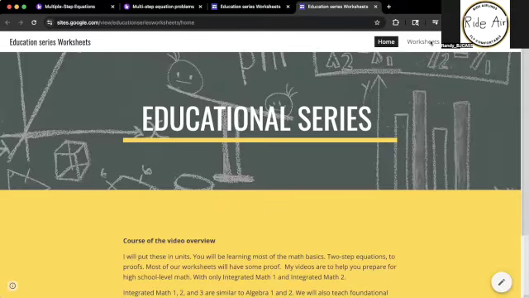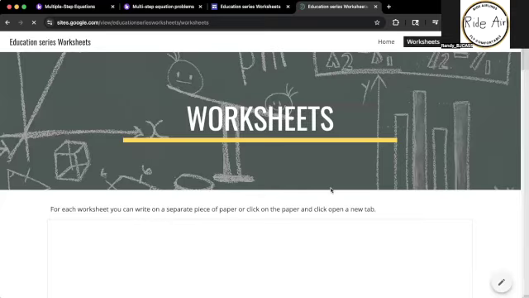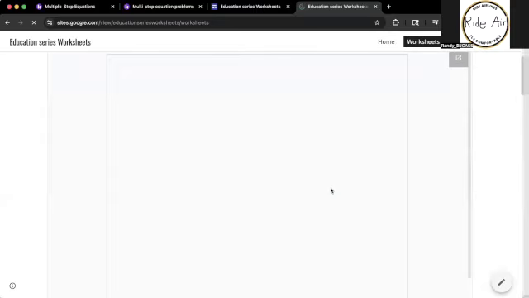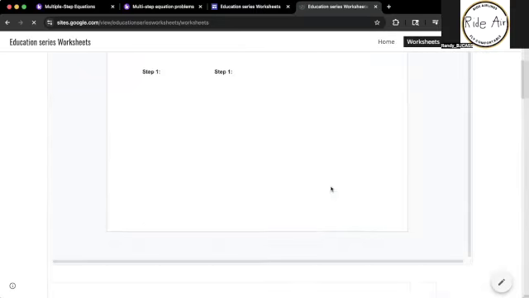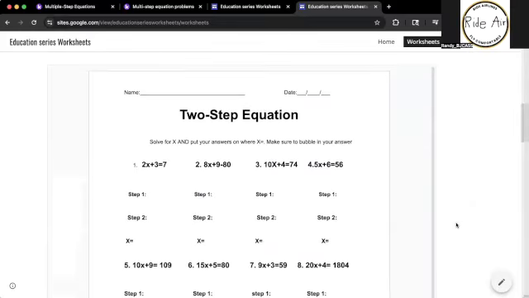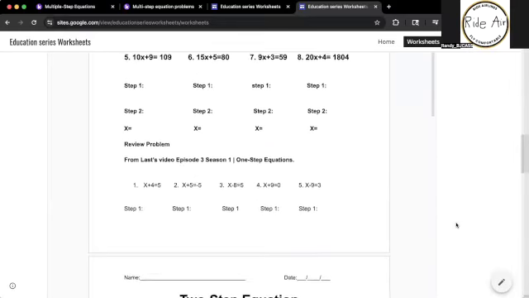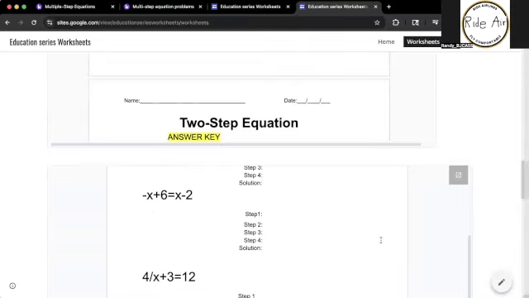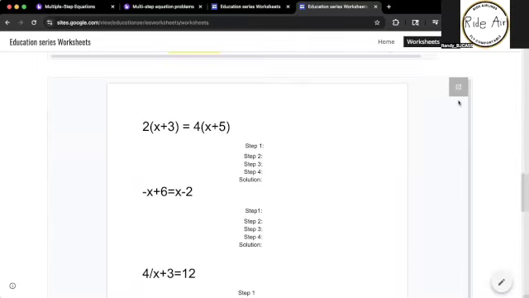Now we're gonna move on to worksheets. Most of our worksheets have already been posted, where you can print your papers to be sure that you got it correct. You can even press this button to view the pages that we did earlier today.